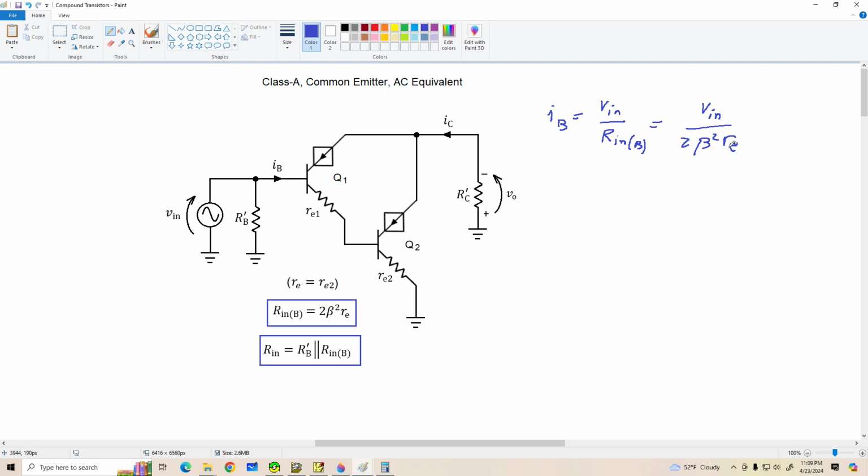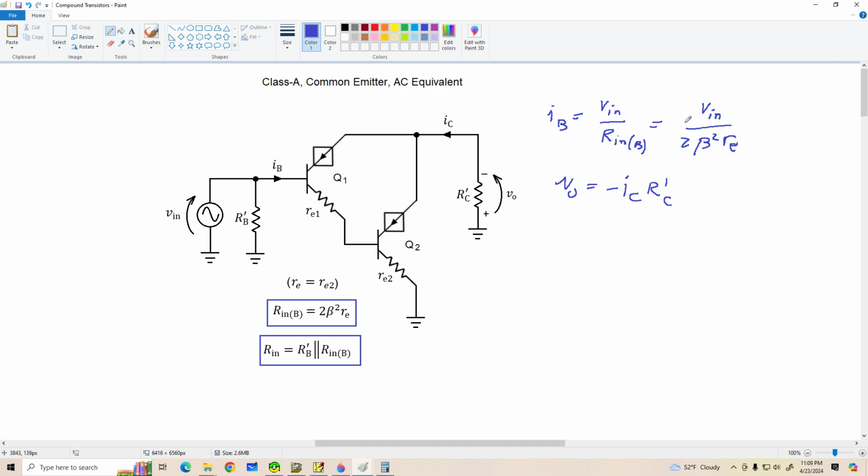All right, now let's look at our output voltage. The output voltage is negative IC times R'C. Vout equals negative IC times R'C. All right, and remember, I sub C is, for a normal transistor, beta times IB, but for a Darlington, it's beta squared times IB.